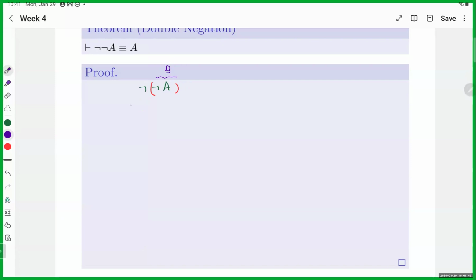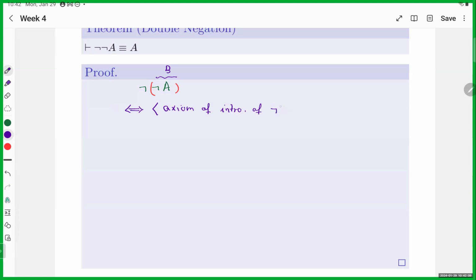And that's an axiom. You don't need Leibniz here. You're just applying the axiom of introduction of negation.